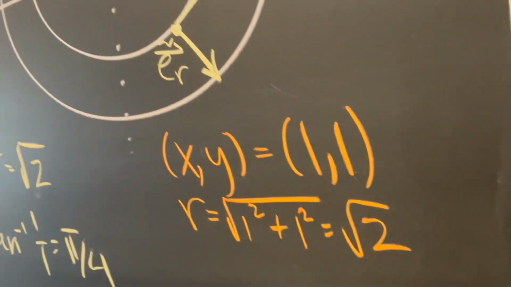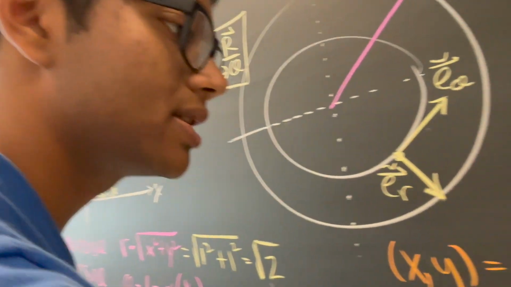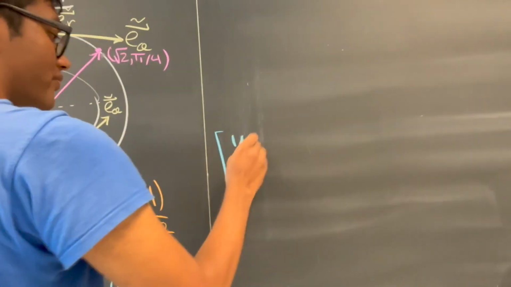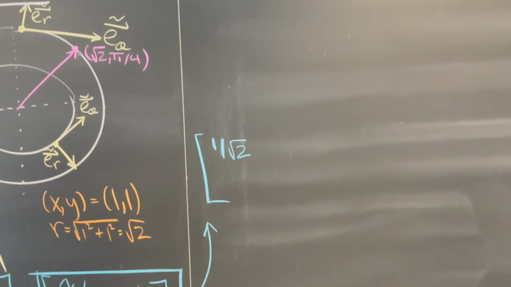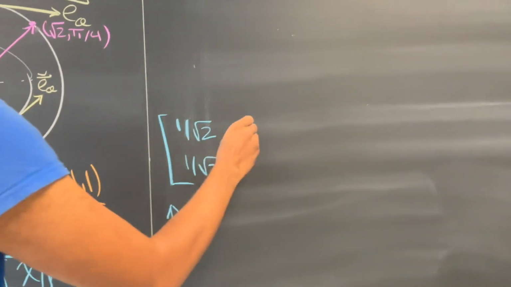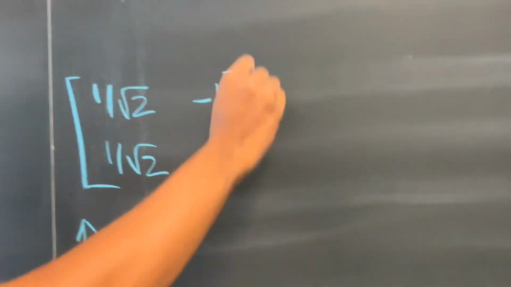So our Jacobian is going to be x divided by r, so 1 divided by the square root of 2. Likewise, y over r, 1 divided by the square root of 2, minus y, that's going to be minus 1, and x, that's just 1.